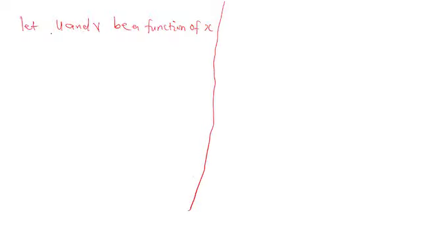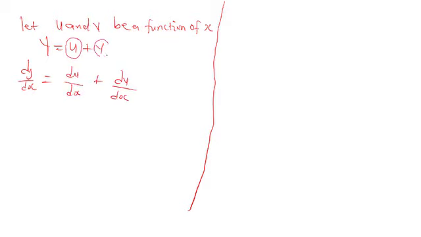Now when you have a function of this nature, that is to say y equals u plus v, if you want to find dy/dx, you have to find du/dx plus dv/dx. So you differentiate this with respect to x, and you also differentiate this with respect to x. Then when you're done, you add them. With that, you get your differential result.